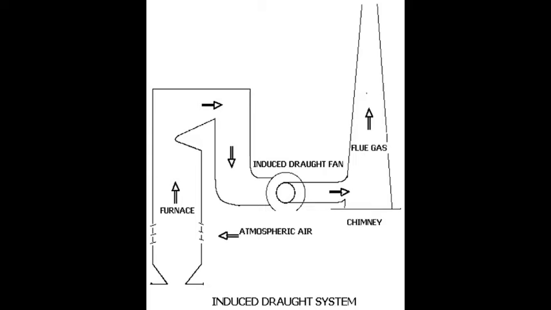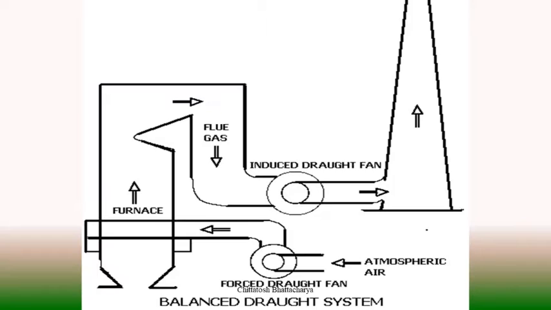So naturally, induced draft fans are installed at the exit passage of the flue gas, just before the chimney, which can force the evacuation of the flue gas from the system to the surrounding through the chimney.